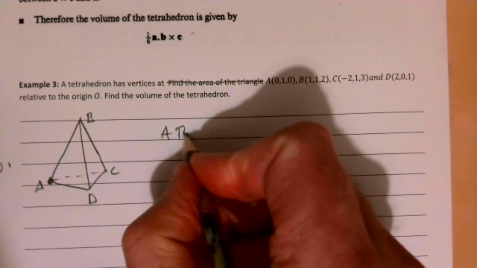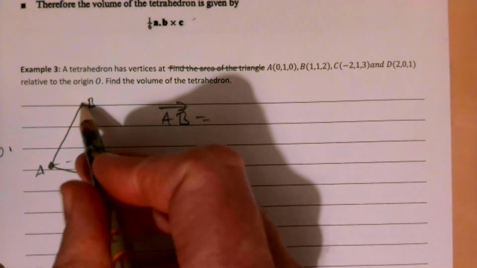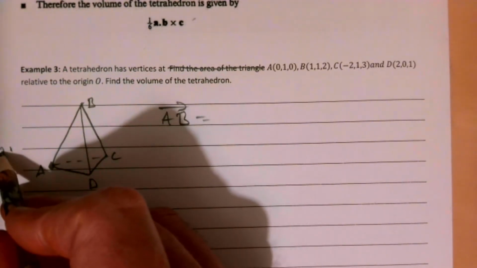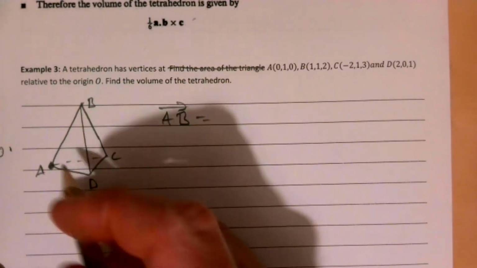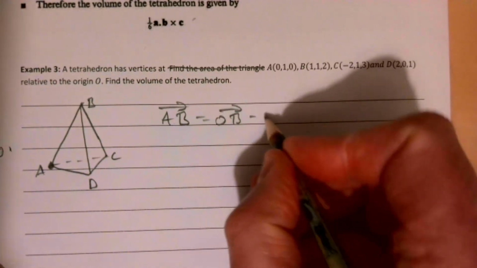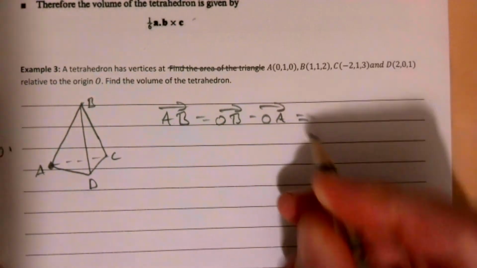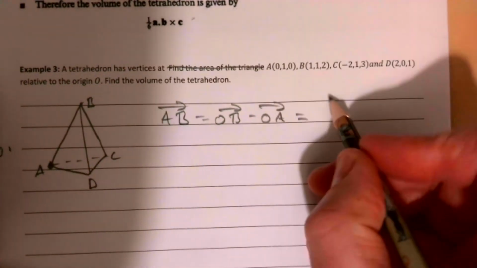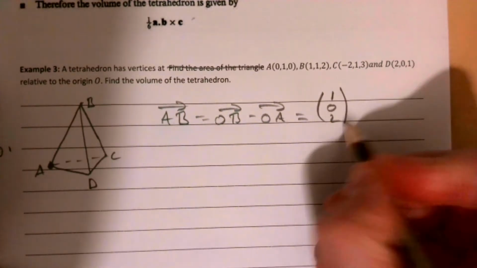So AB is going to be, how do we get from A to B? Minus OA plus OB, so it's OB minus OA.